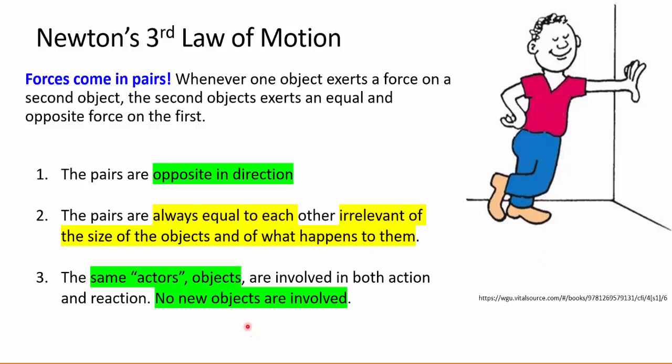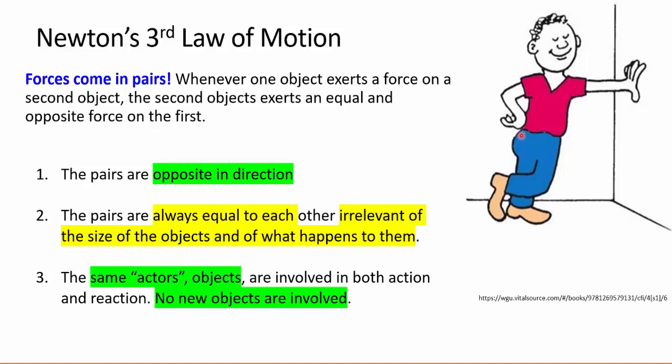It should involve the same two objects. What are the two objects in the action? Earth pulling down on the person. So the two objects are earth and person. So the reaction should involve the same two, person and earth. So the person is going to pull up on the earth with a gravitational force.